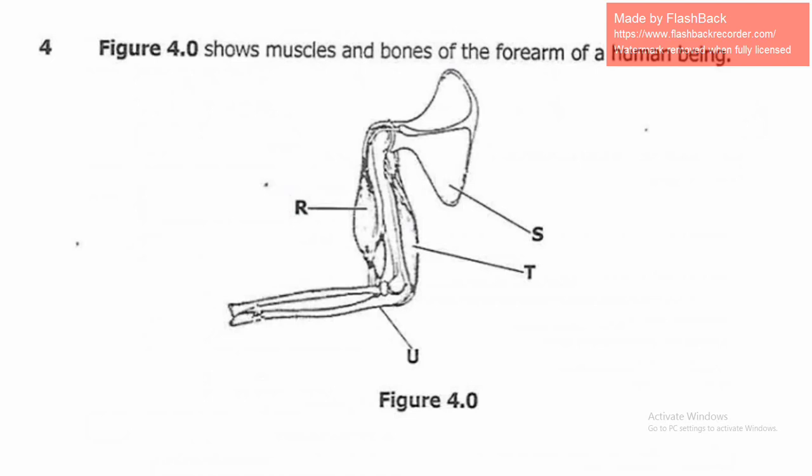Then the other type of joints that we have is cartilaginous joints. These cartilaginous joints are said to be slightly movable joints. They move slightly, not completely. A very good example of cartilaginous joints is the joints of the spinal vertebrae.